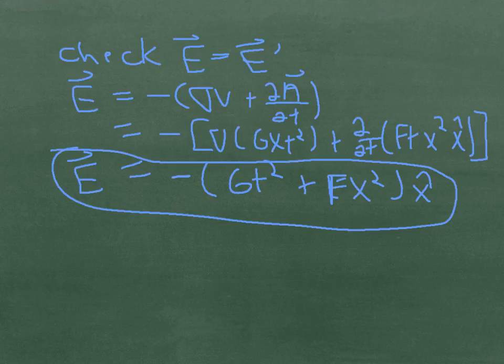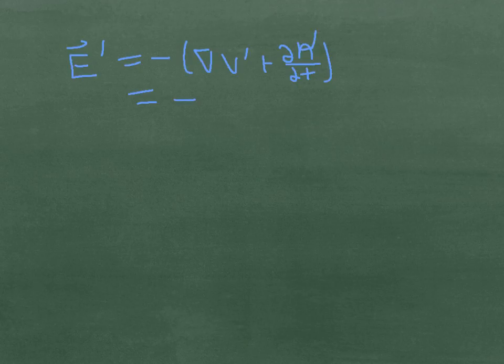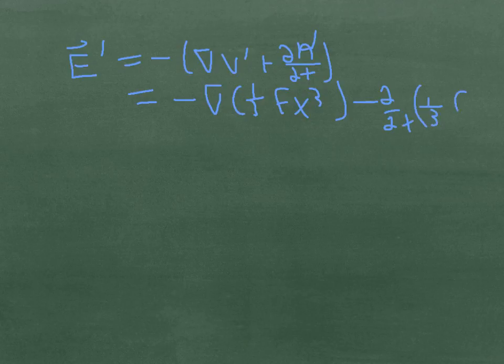Now let's calculate E prime. E prime is equal to minus grad V prime plus dA prime dt. So this is equal to minus the gradient of 1/3 f x cubed minus d dt of 1/3 g times t cubed x hat.